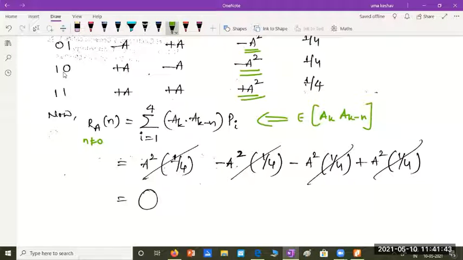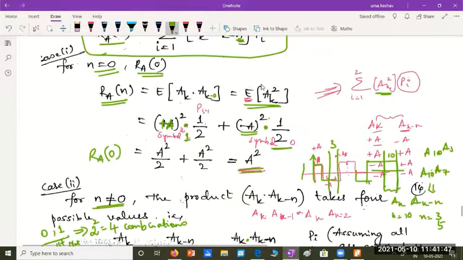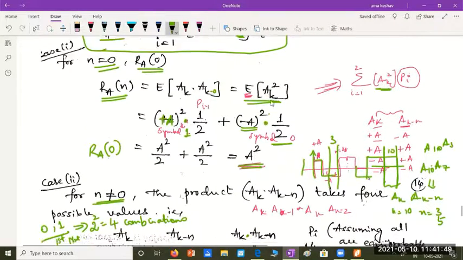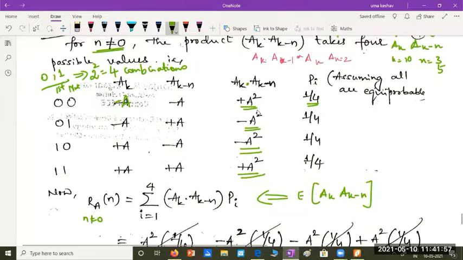There we had only 2 symbols, 2 possibilities in the first case. Okay. So I have to take i is equal to 1 to 2. Here there are 4 possibilities. i is equal to 1 to 4, ak into ak minus n into pi. Substitute the values. We have found all the values.